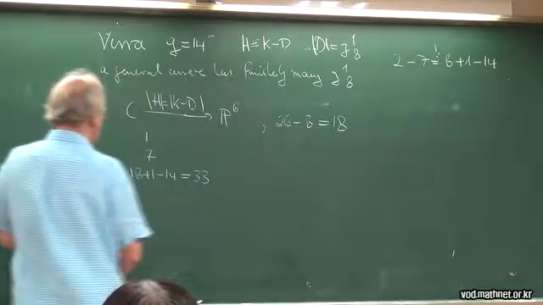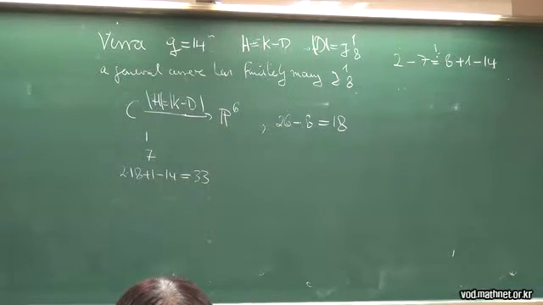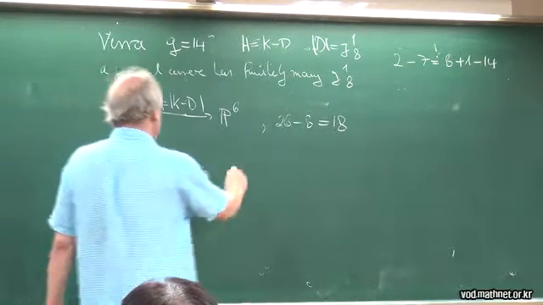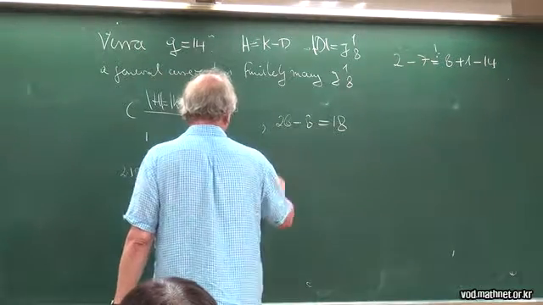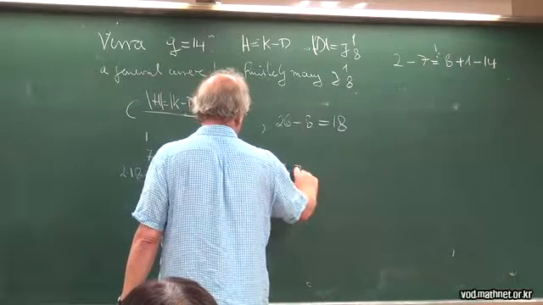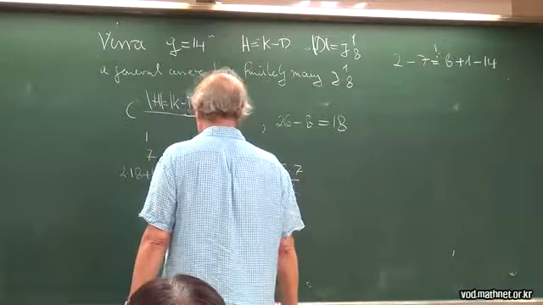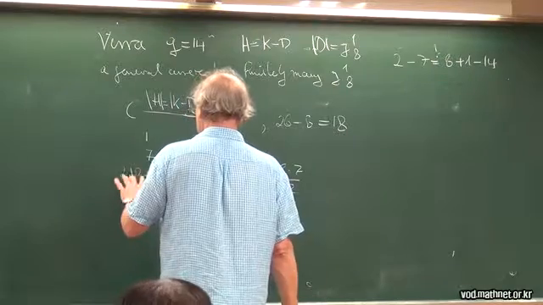Is this correct? Yeah. On the other hand, 6 plus 2 choose 2 is 8 times 7 by 2. Something is wrong here. I must have done something wrong.